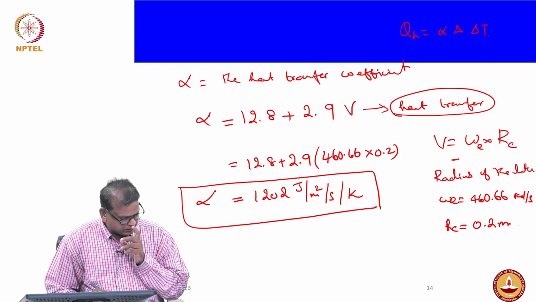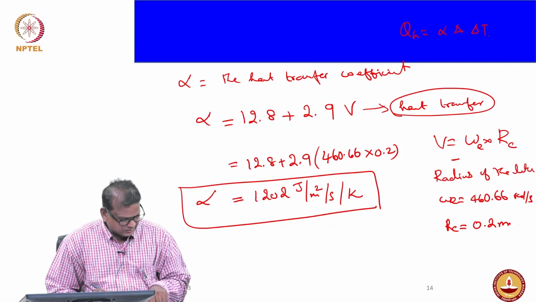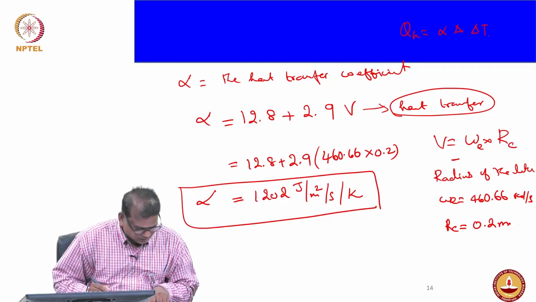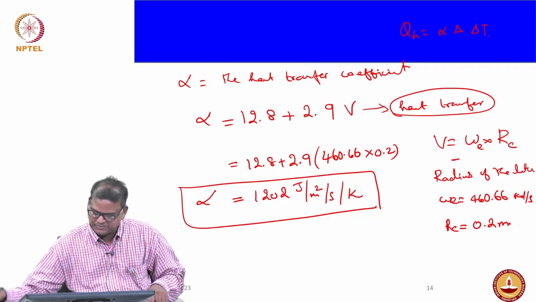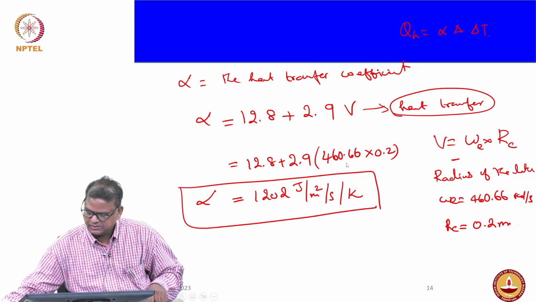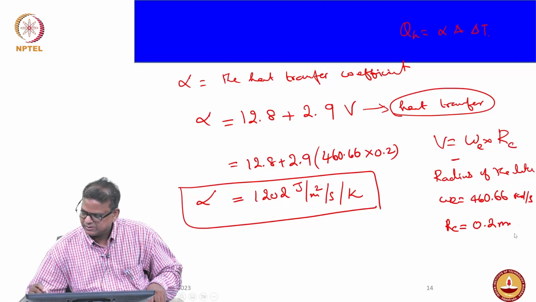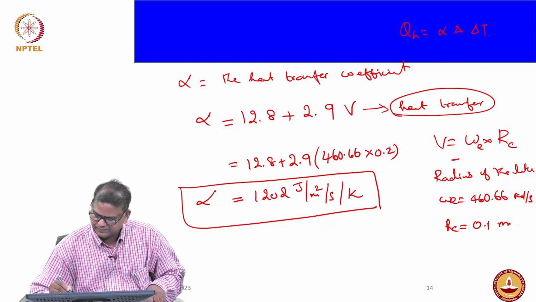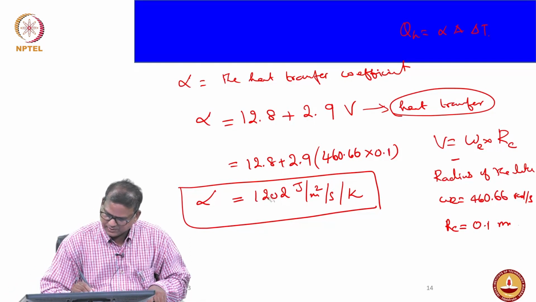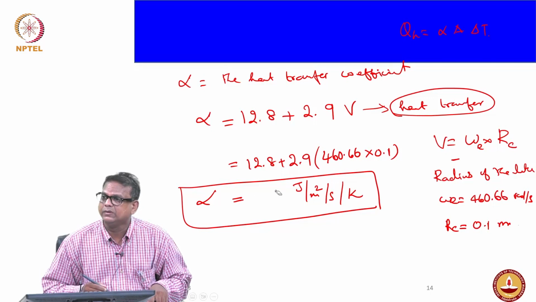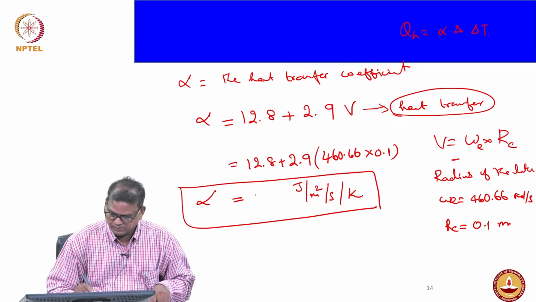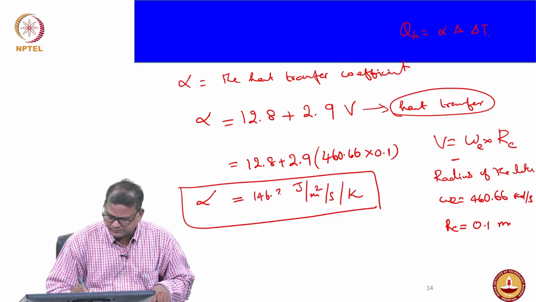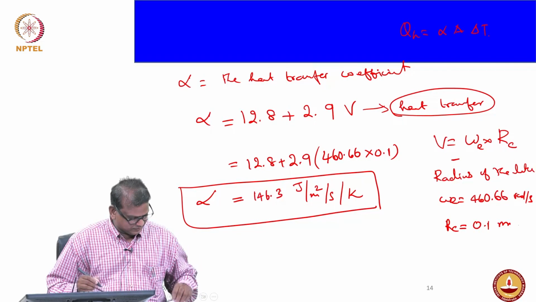Okay, RC is 0.1, is it? Then what is the value you are getting? Sorry, I made a mistake then. That is DC, right? So what is the value you are getting? 146.3. Okay, so this is given, right?